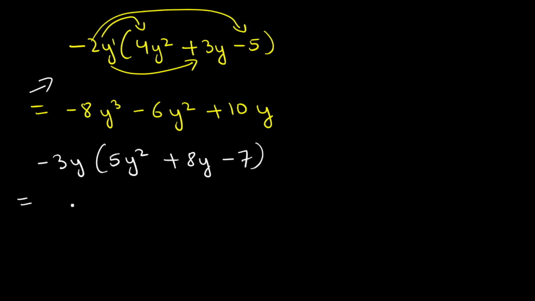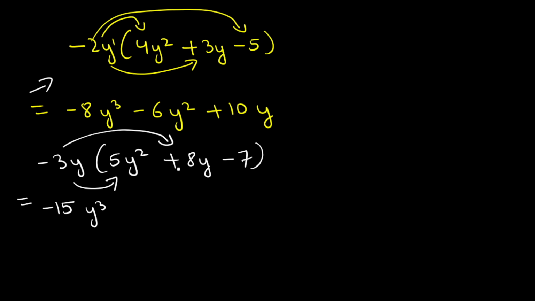Okay, let's do it together, and I hope you were able to do at least one step. First we have negative 3y times 5y squared. Negative 3 times 5 is negative 15, and y times y squared is simply y cubed. The next step is negative 3y times positive 8y.